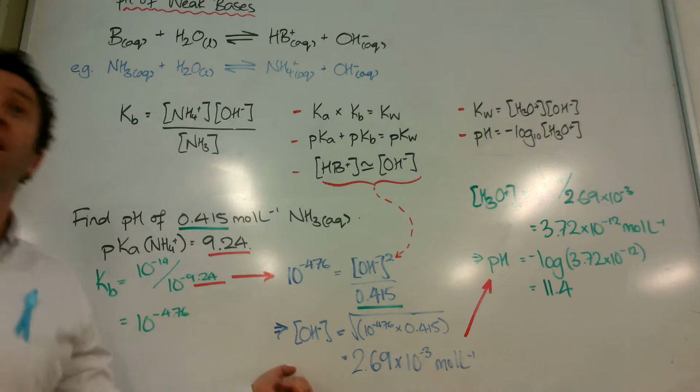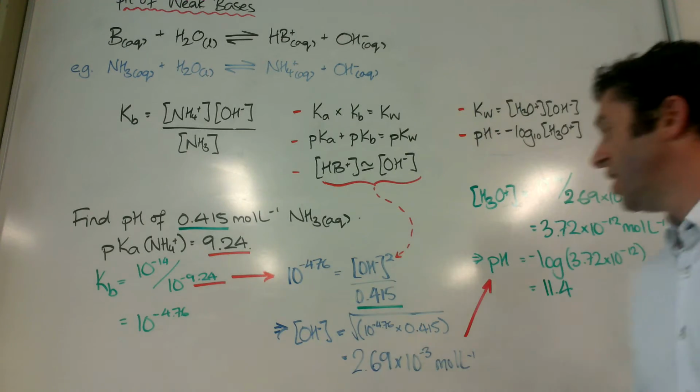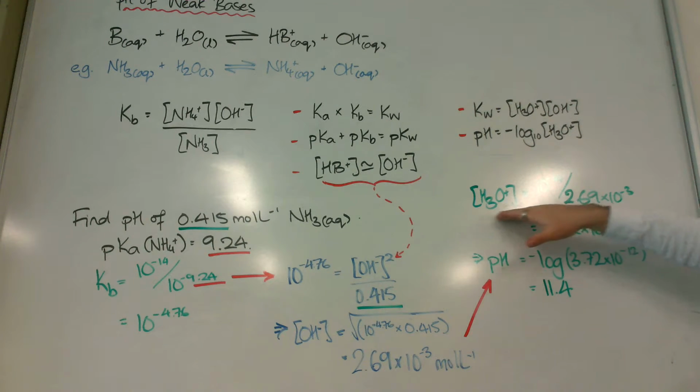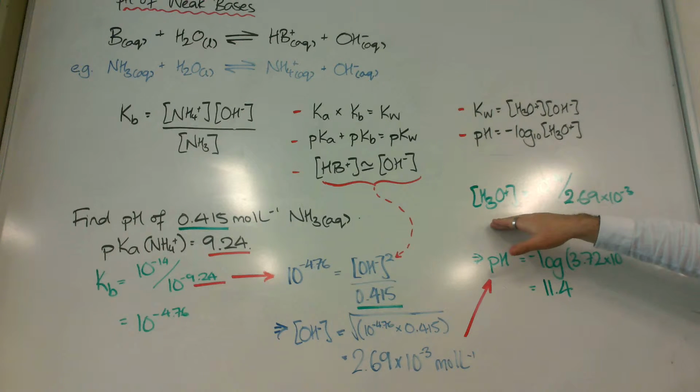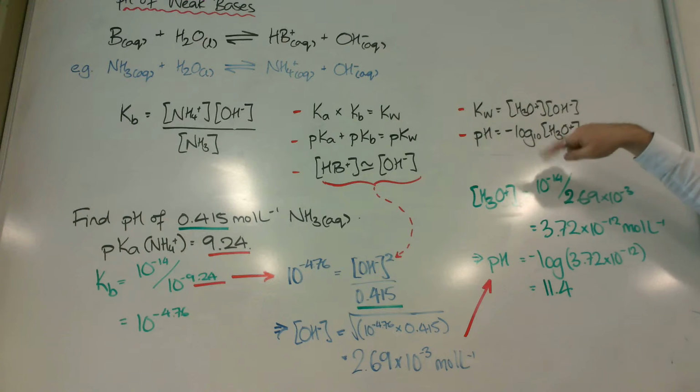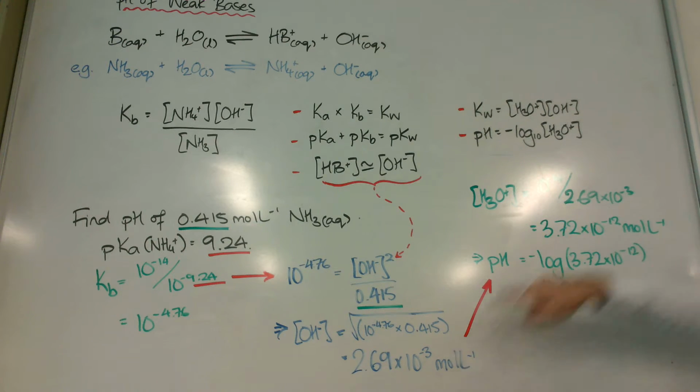Now I've finally got that, I have to do something else with it. So I take that number and I put it into this expression here. So I end up with that rearranged as my hydronium ion concentration, which I don't know, equals Kw, 10 to the minus 14, divided by that answer that I had.